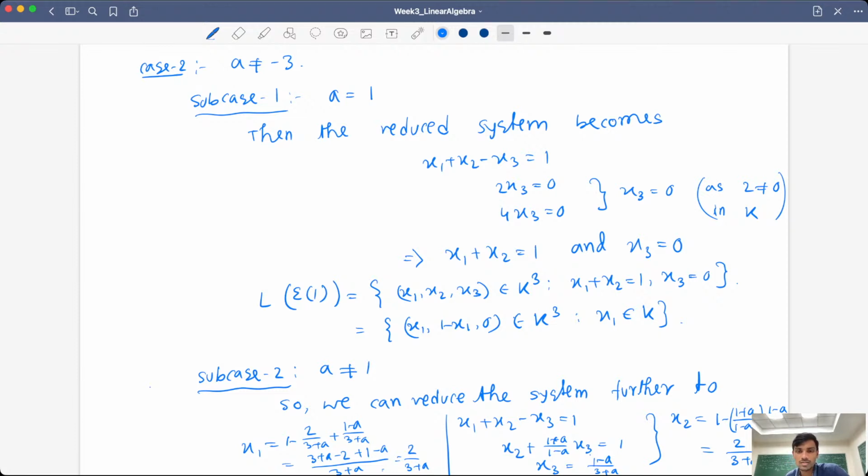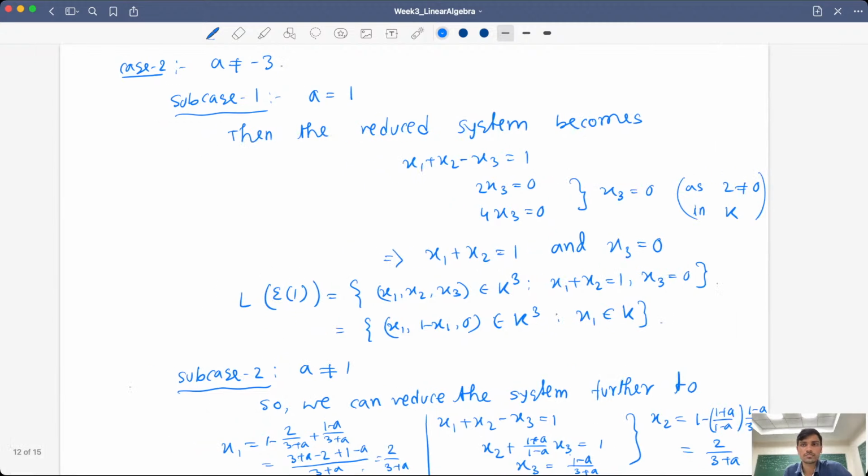So x1 plus x2 gives 4 by 3 plus a, minus x3 gives you 3 minus 3 plus a by 3 plus a, so this is 1, so these are all satisfied.